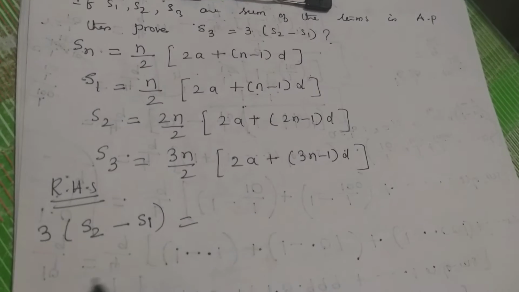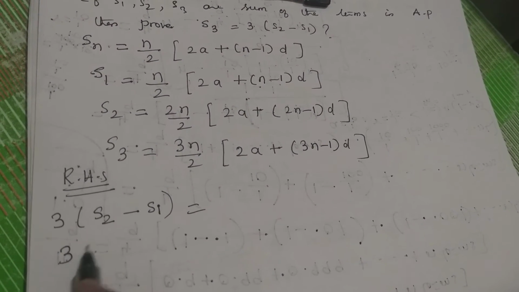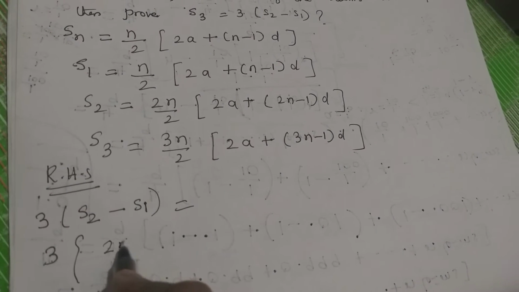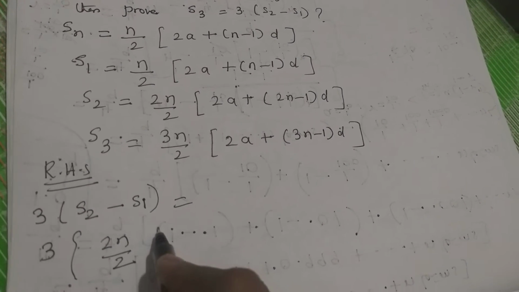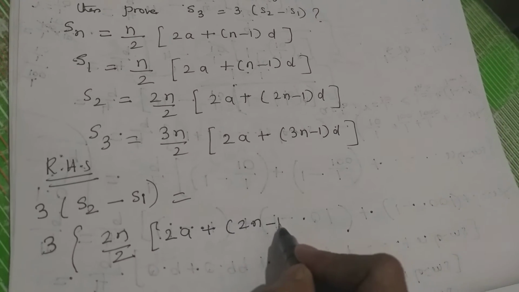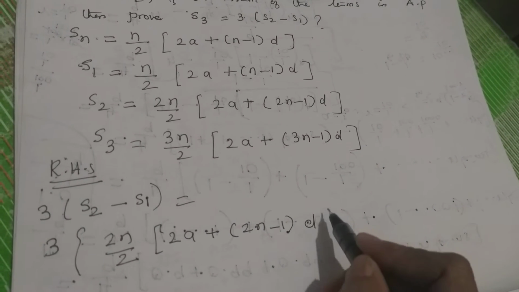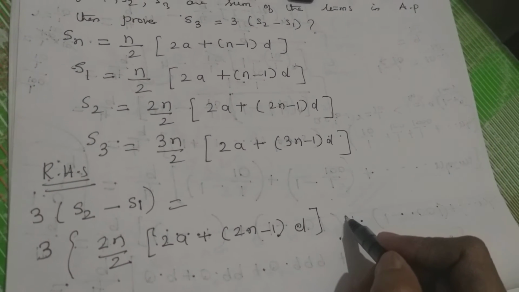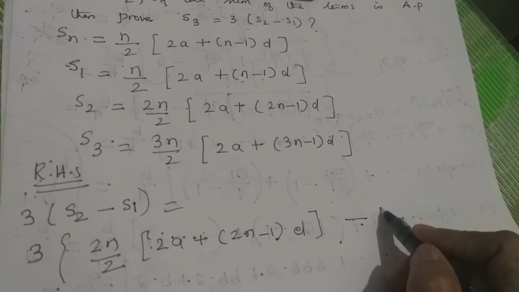Okay, equal to 3 into, what is S2? S2 is 2n by 2, 2a plus 2n minus 1 into d, minus, what is S1?